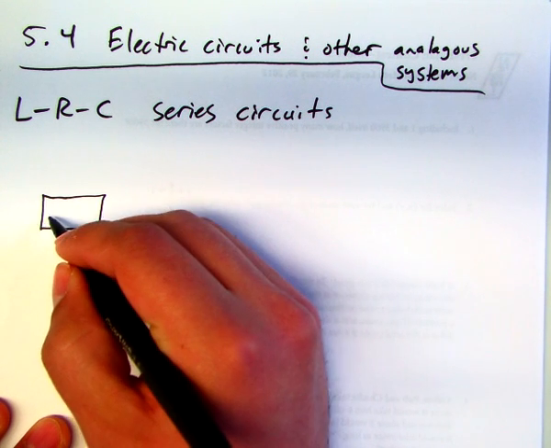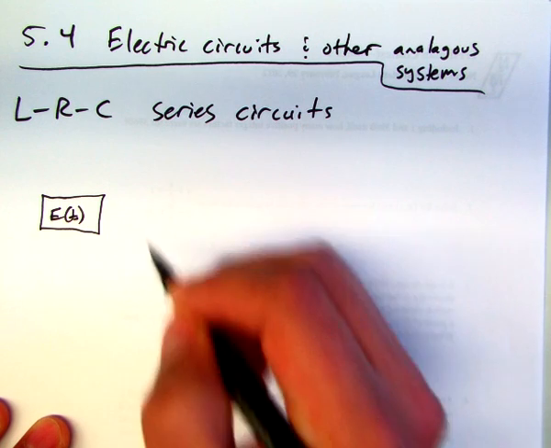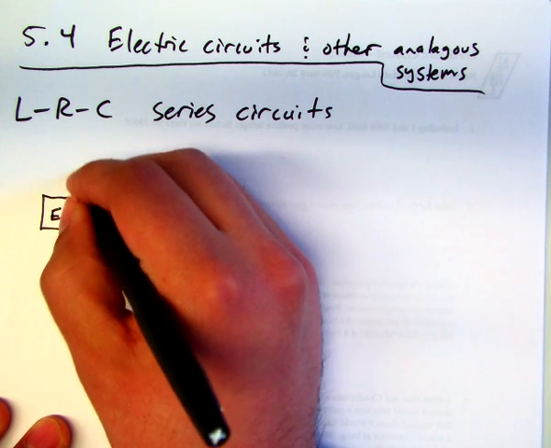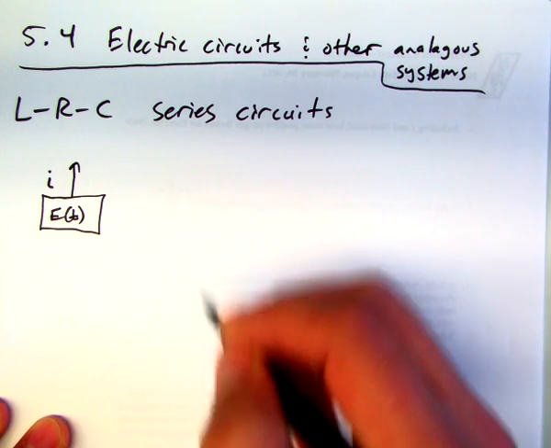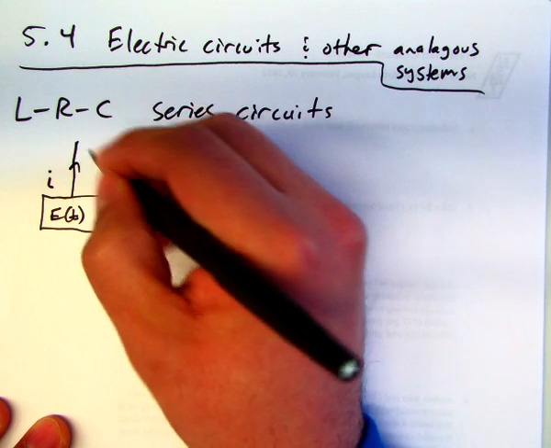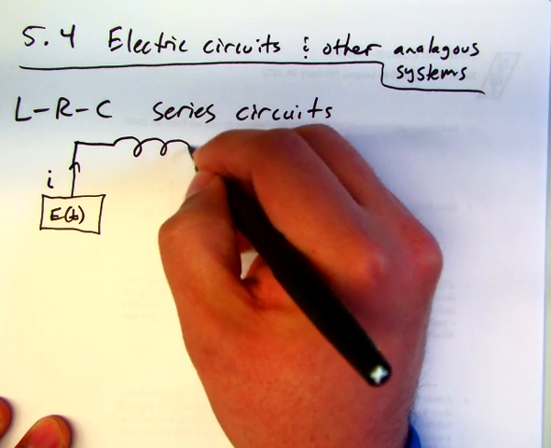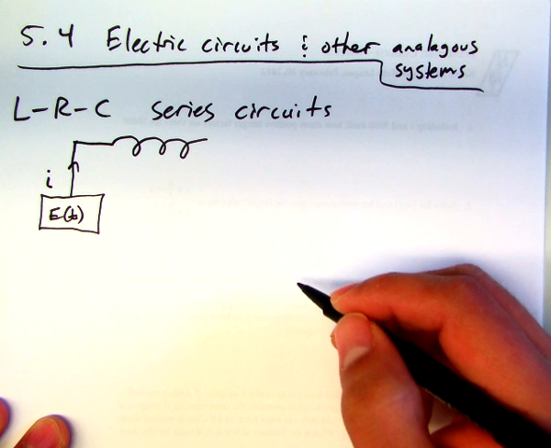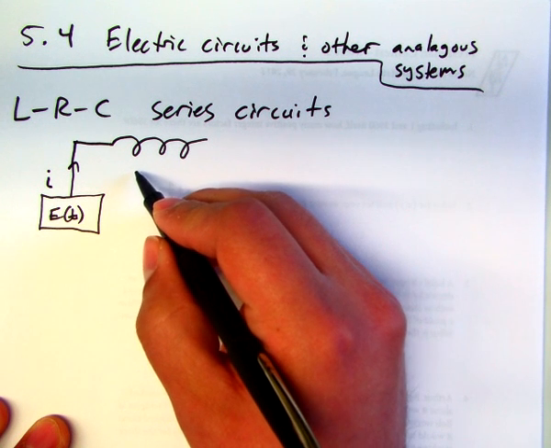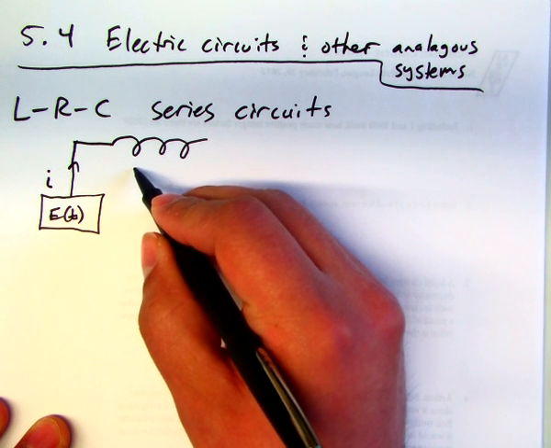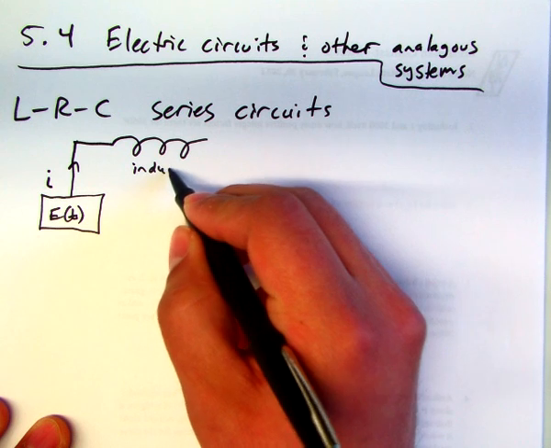So here you have your voltage supply emitting some current flow. And then we got one of these guys, which is a what? Which is an inductor. Good.